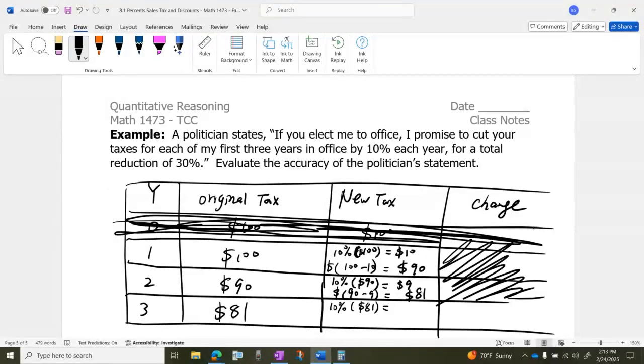How much is 10% of $81? $8.10, right? You save less and less. So you use 81 minus 8.1. How much is that? That's $72.9.